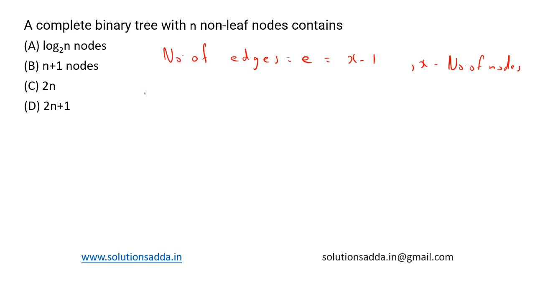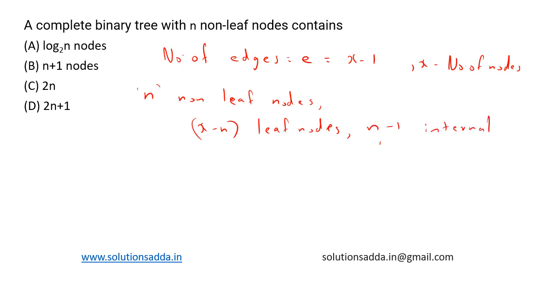Since we have n non-leaf nodes, then we have x minus n leaf nodes as well as n minus 1 internal nodes, excluding root.